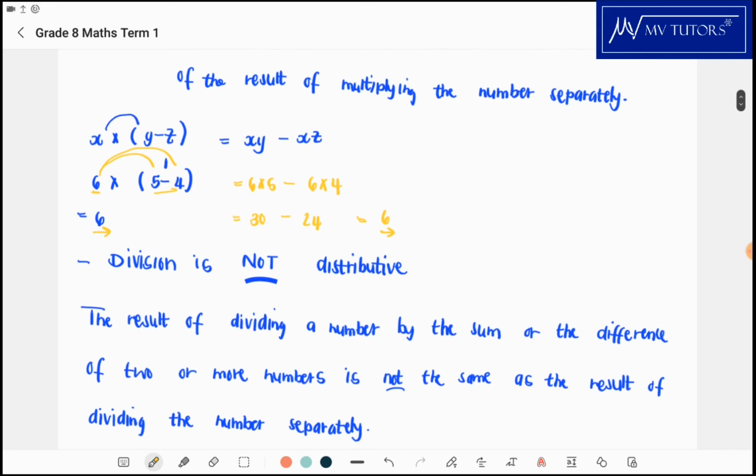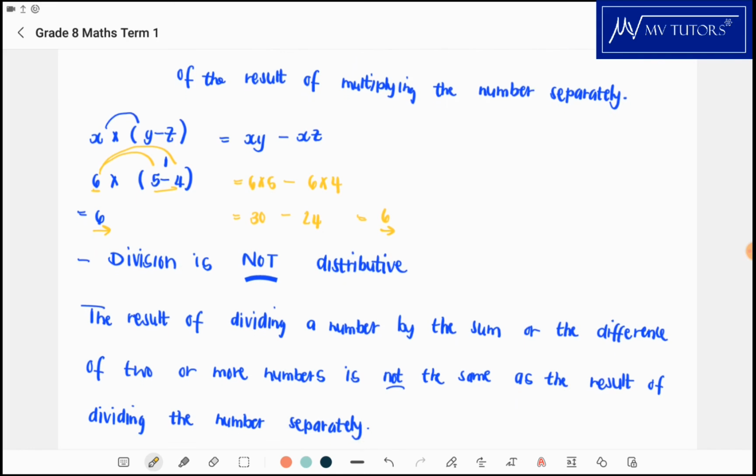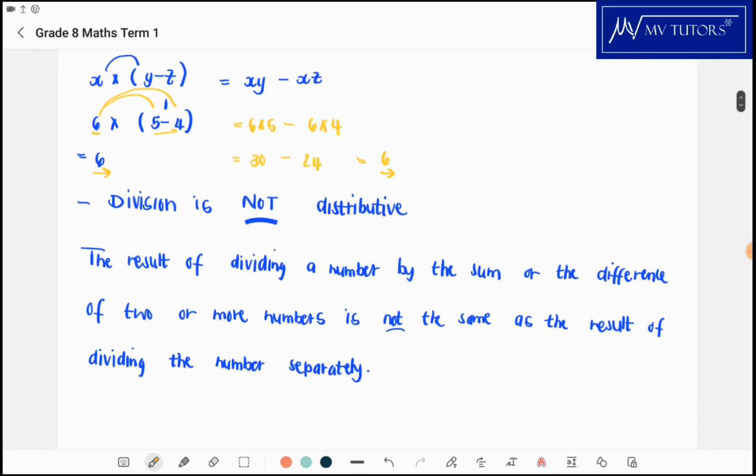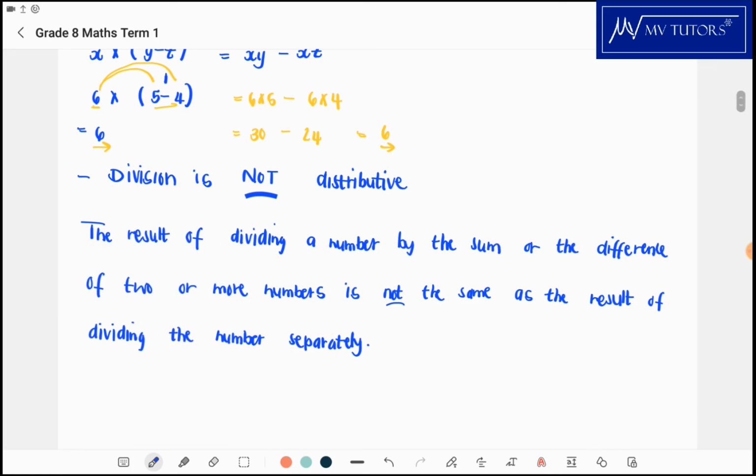So the result of dividing a number by the sum or the difference of two or more numbers is not the same as the result of dividing the number separately.